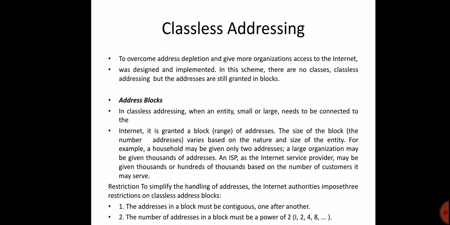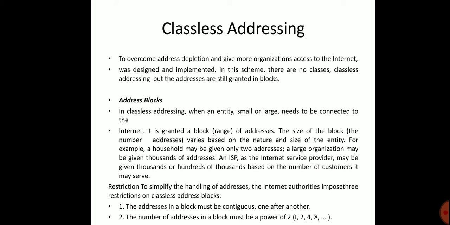The size of the block varies based on the nature and size of the entity. For example, a household may be given only two addresses. A large organization may be given thousands of addresses. An ISP, that is an internet service provider, may be given thousands or hundreds of thousands based on the number of customers.